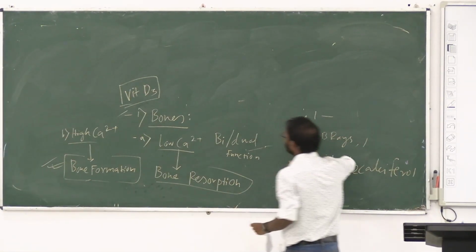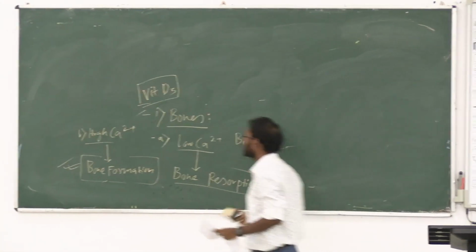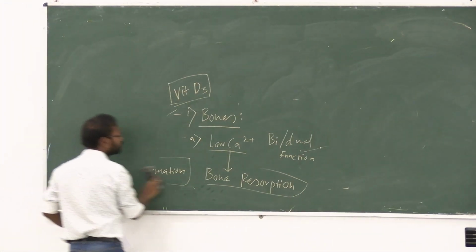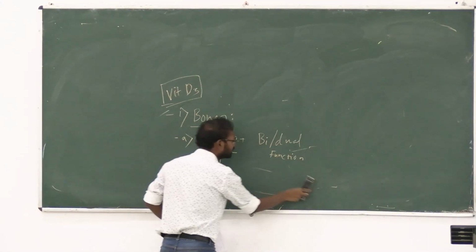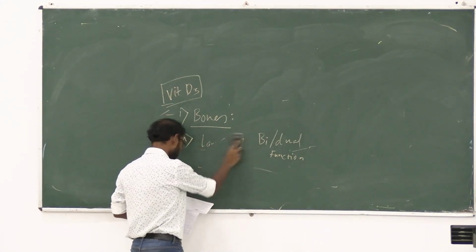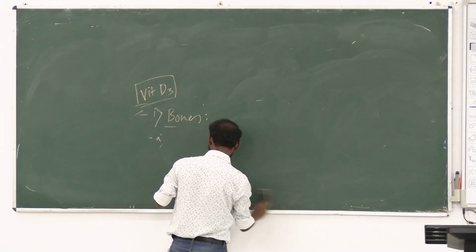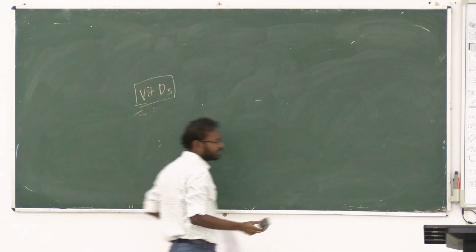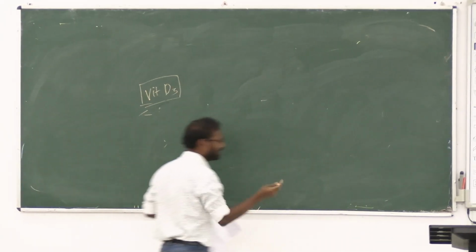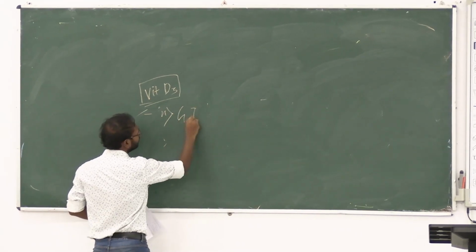Second, bones are done. Then what other organs are left? Besides bones, kidney and GIT. In case of GIT, vitamin D is the only factor which increases what? Calcium. Phosphate, if you remember, was decreasing calcium absorption in GIT. Second is GIT.